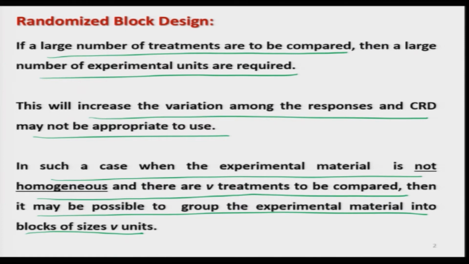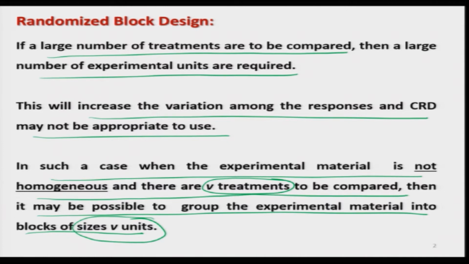And one thing you can see here is that when we are considering the randomized block design, I am saying there are V treatments and we have blocks of size V units. So, there are two possibilities: you can give all the treatments to every block, or the second alternative is that you do not give all the treatments to every block.